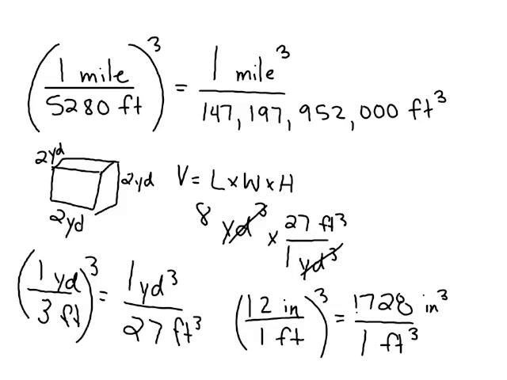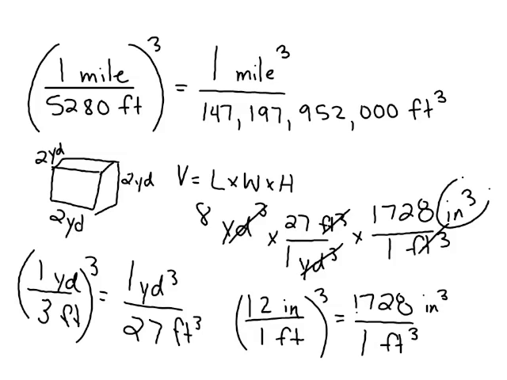So there's my next fraction. Feet on top or bottom? Feet on bottom. I need my feet to cancel. So 1 cubic foot on bottom, 1728 cubic inches on top. That's what they wanted me to find, so there's my unit.